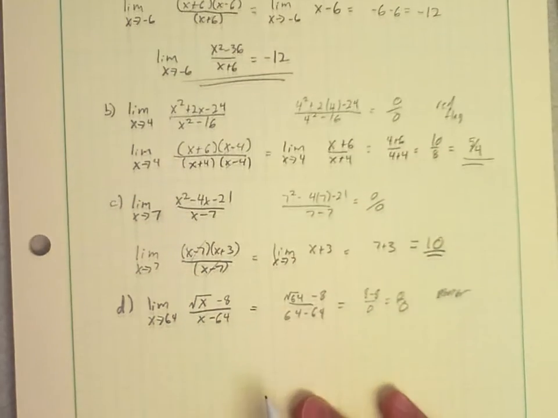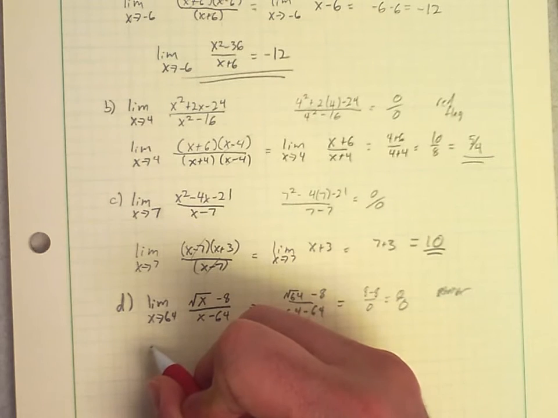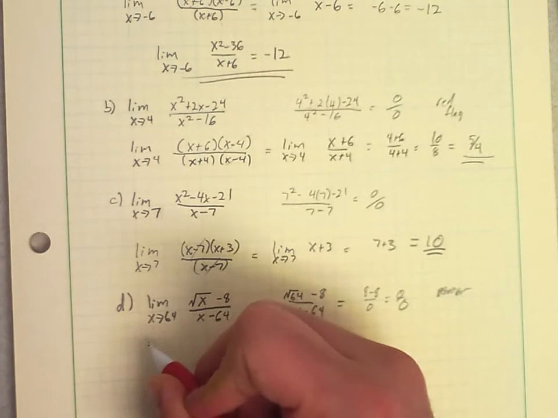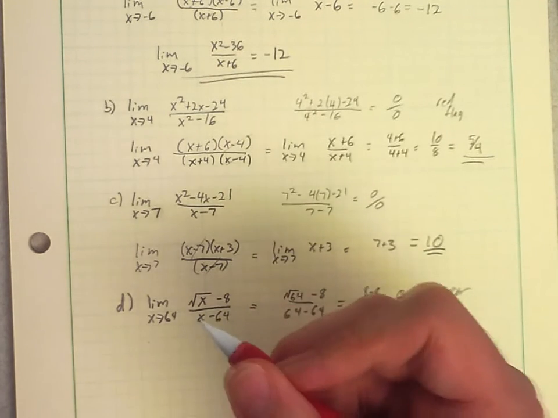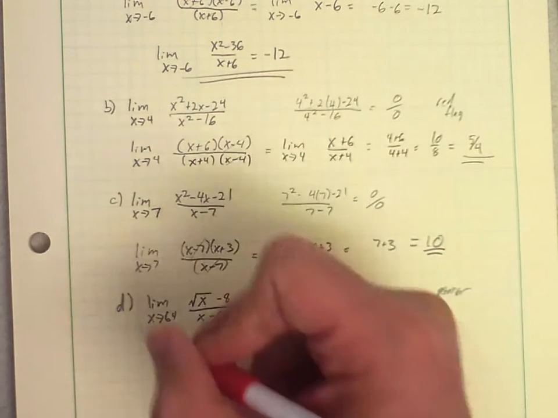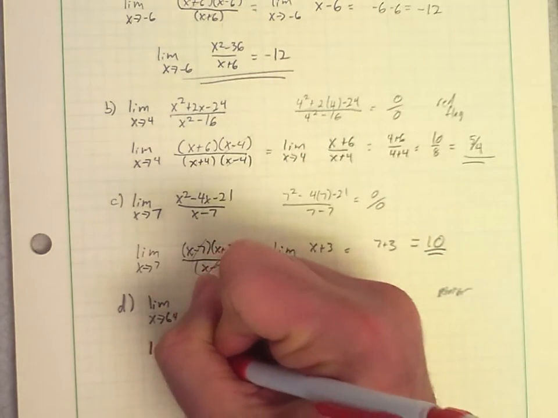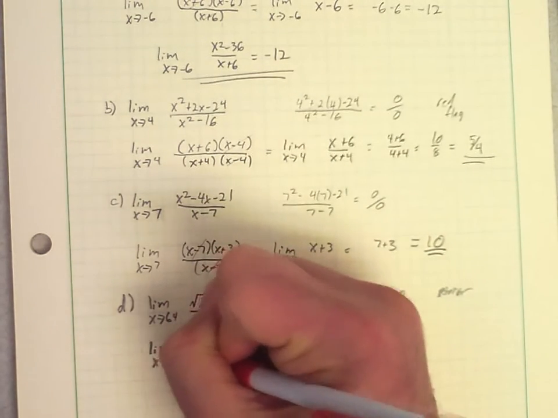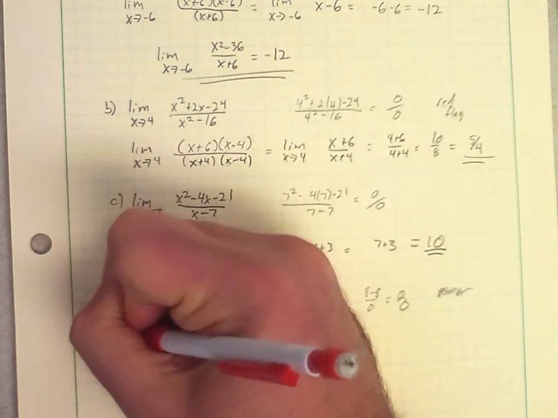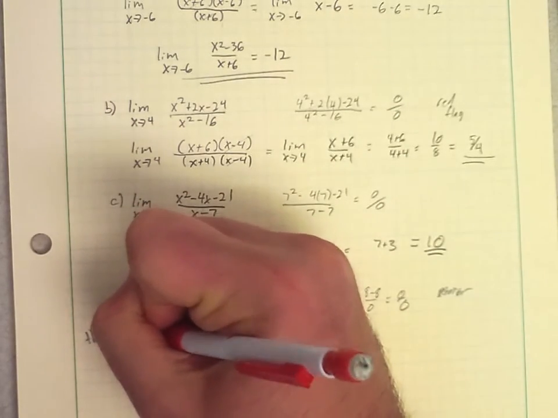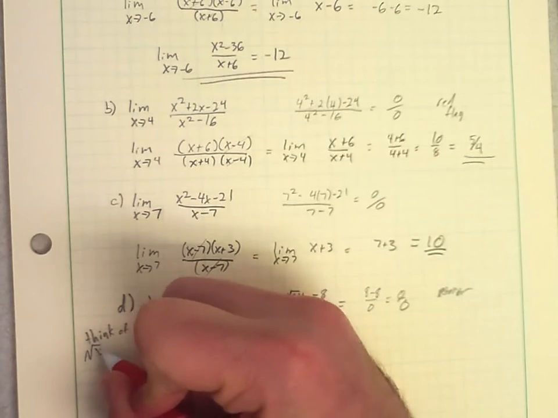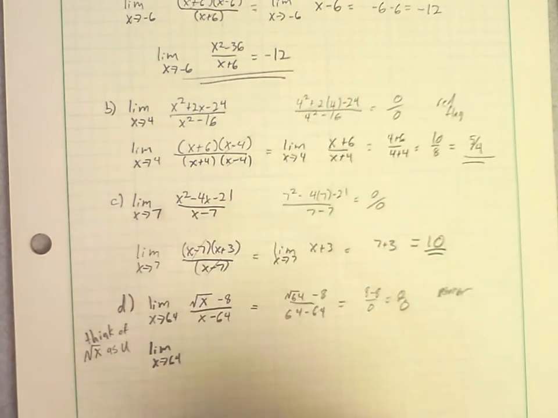The trick here is thinking about factoring in a slightly different way. Some of you may think of this as substituting. Think of the square root of x as u.